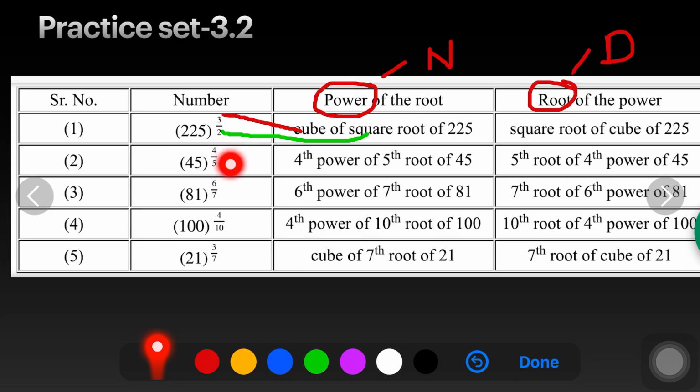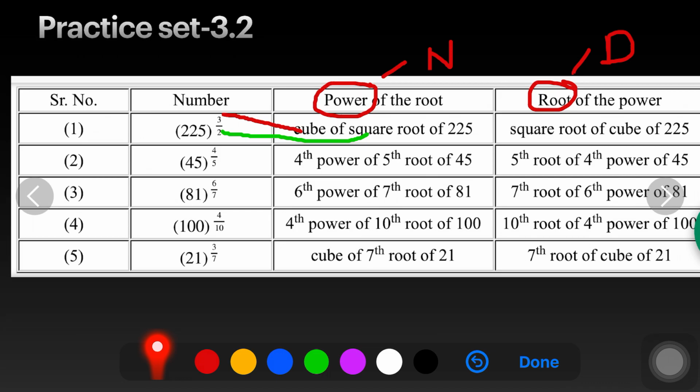Now see the second sum. 45 raised to 4 upon 5. As I told you, for power, first you are going to take the numerator, that is fourth power of fifth root of 45. Up above you have seen cube and square mentioned, but here it is 4 and 5, so we will use power.